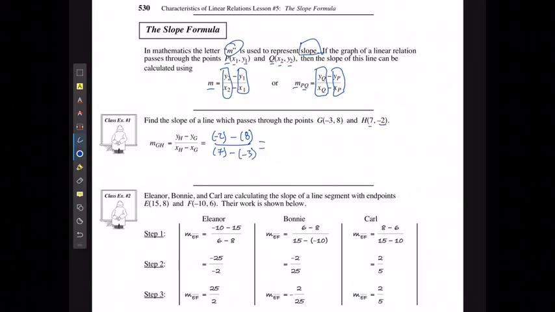On the top, negative 2 minus 8 is going to give me negative 10. And on the bottom, 7 minus negative 3, well, the double negative is going to be the same as 7 plus 3. That's going to be over positive 10. Negative 10 divided by positive 10, I have a slope of negative 1.